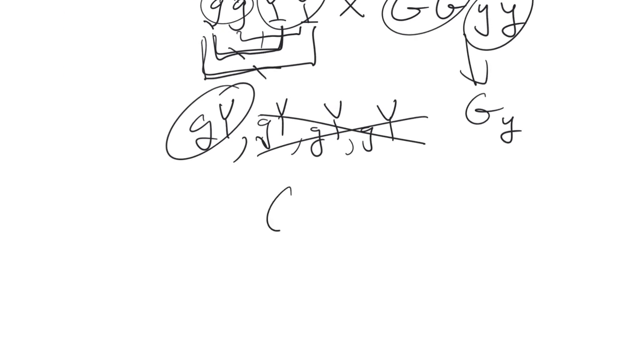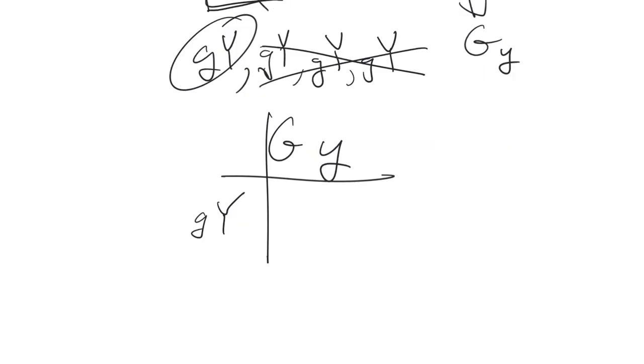So really it's just one cross like this. For offspring, you get big G, little g, big Y, little y. I'll keep the G's together and the Y's together. So you're going to get 100% of the offspring being that.